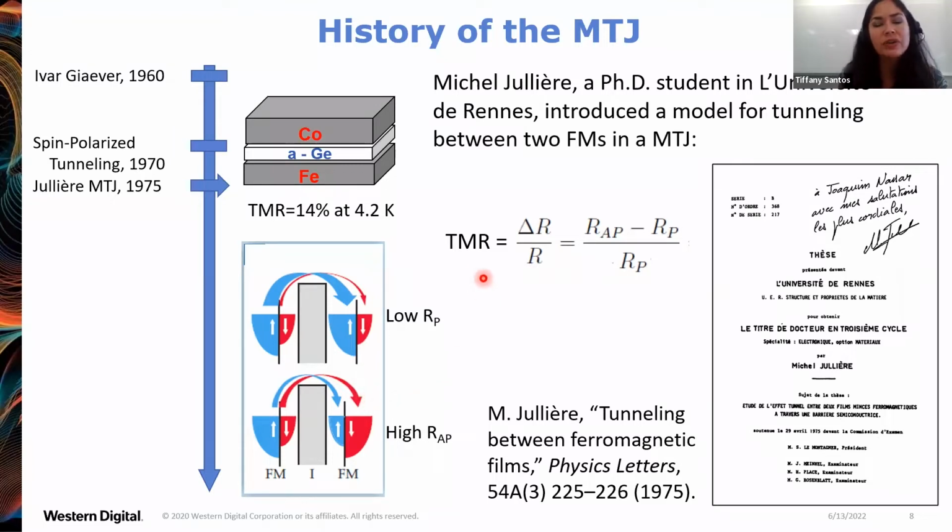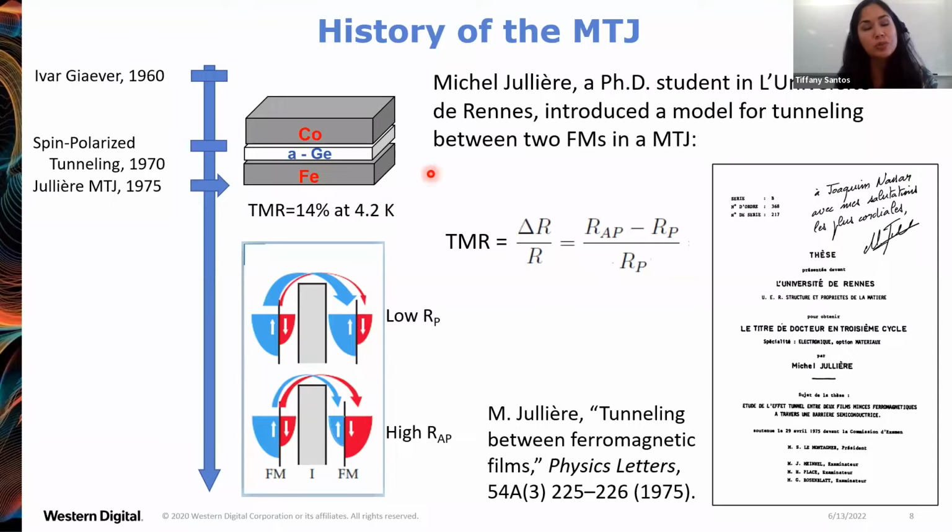So Jullière defined a tunnel magnetoresistance ratio as the difference between the high and low resistance states, or the anti-parallel and parallel resistance states, over the resistance of the parallel state. And for his PhD thesis work, he used an amorphous germanium tunnel barrier, and he saw at low temperature a TMR ratio of 14%.